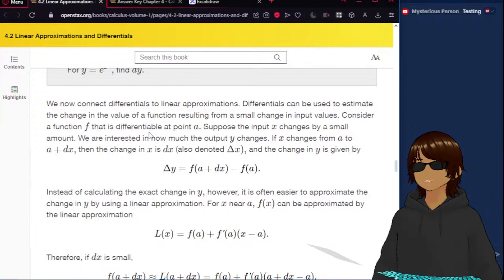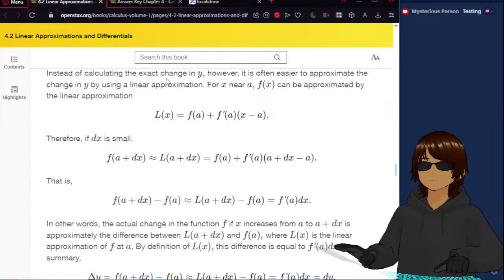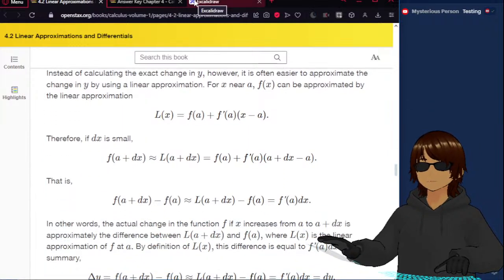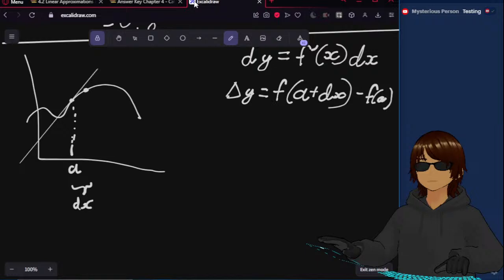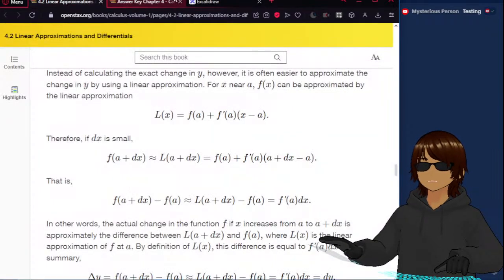Instead of calculating the exact change in y, however, it is often easier to approximate the change in y using a linear approximation. So linear approximation is the same thing basically.